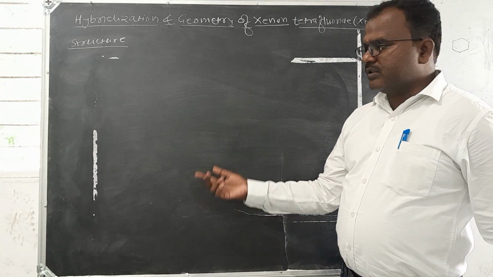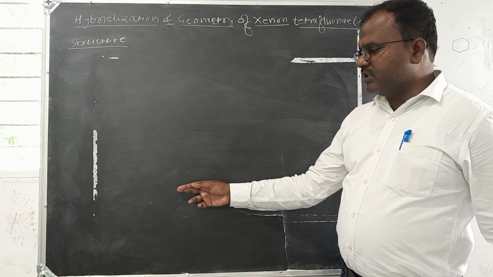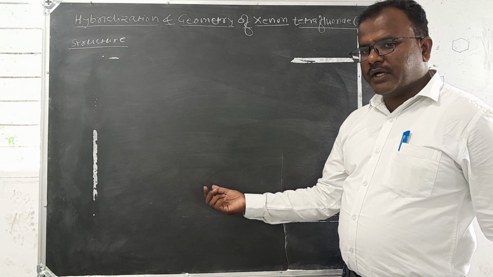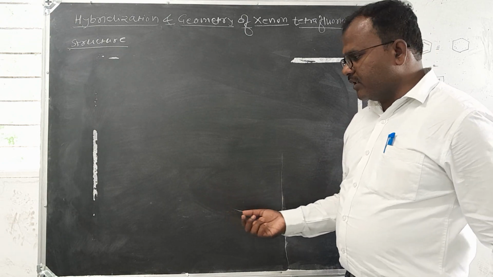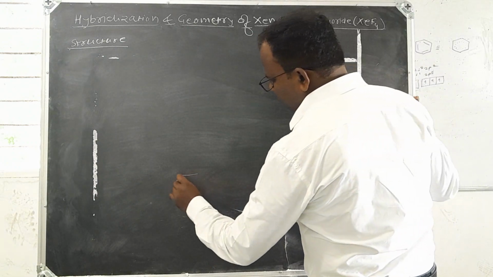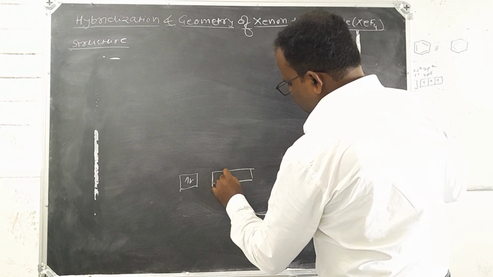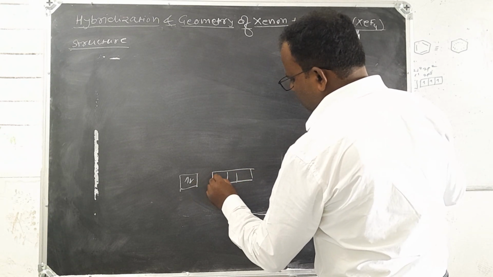One lone pair is in the s orbital, and another is the paired electrons in the p orbital, as we already discussed.